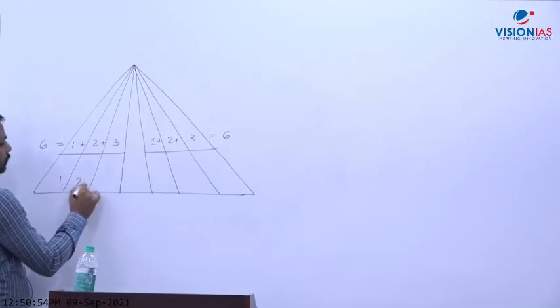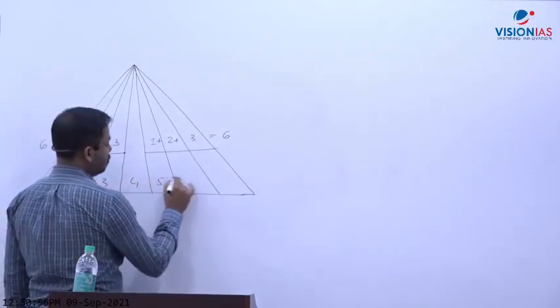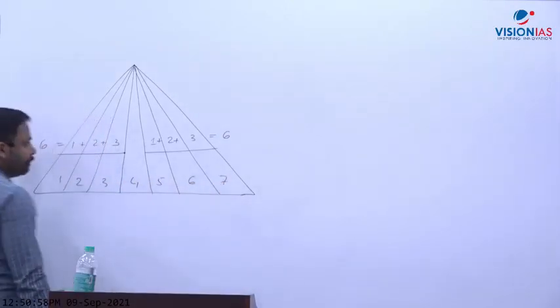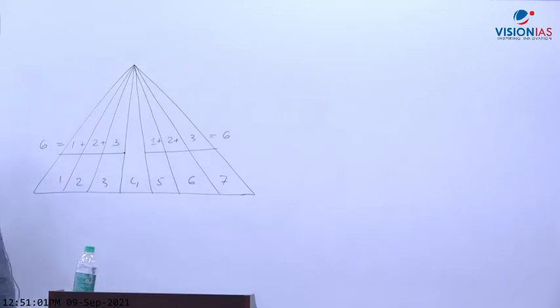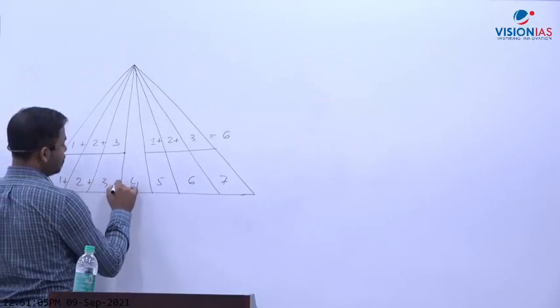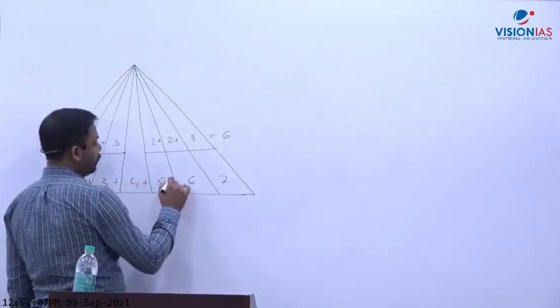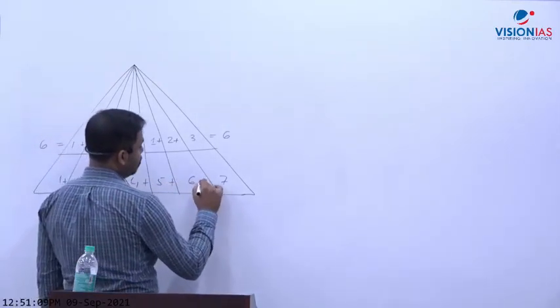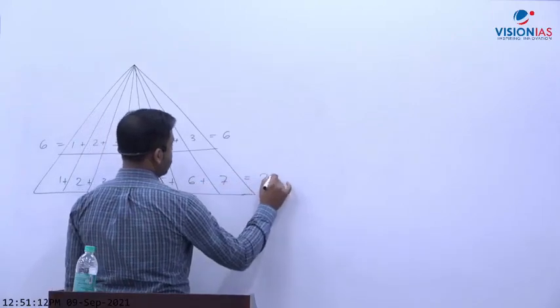Now from the bottom baseline, how much are we getting? 1 plus 2, 3; plus 3, 6; plus 4, 10; plus 5, 15; plus 6, 21; and plus 7, 28.